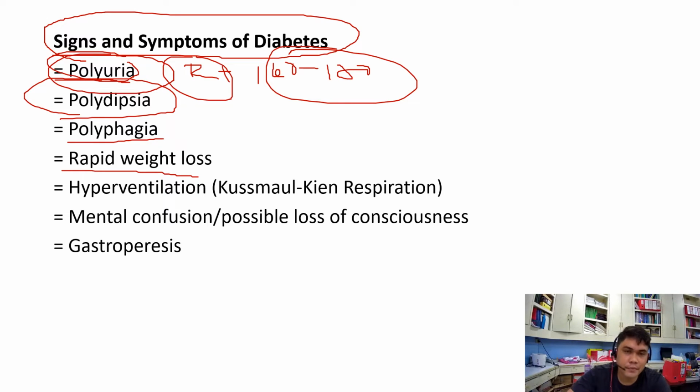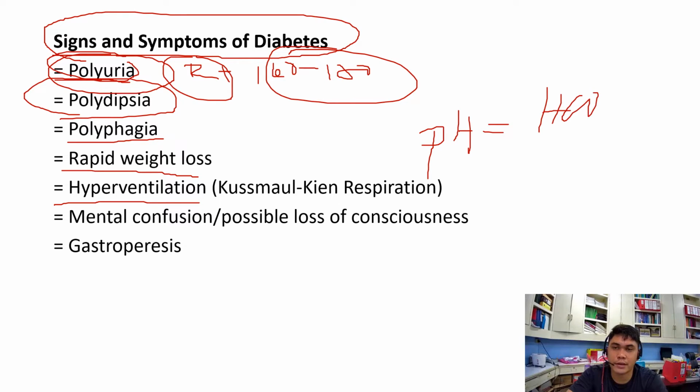The next is hyperventilation. This one is a compensation for metabolic acidosis. Let's go back to the formula: pH is equal to bicarbonate over CO2.